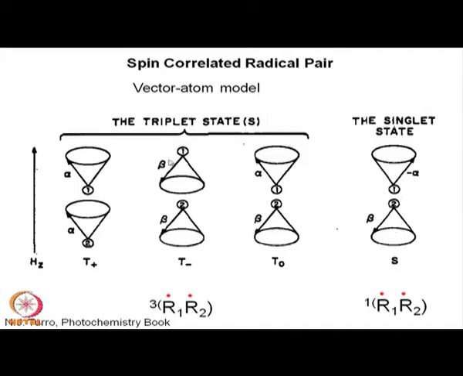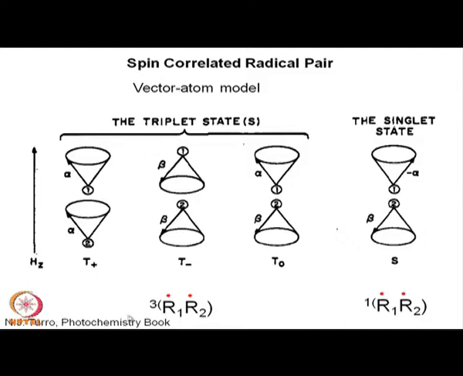In case of the triplet, the spin function has beta 1 beta 2, which is called triplet minus, and alpha 1 alpha 2, which is called triplet plus. So these are T0, T plus and T minus, and this is your singlet state. This is a correlated radical pair, in a simplified vector atom model description.